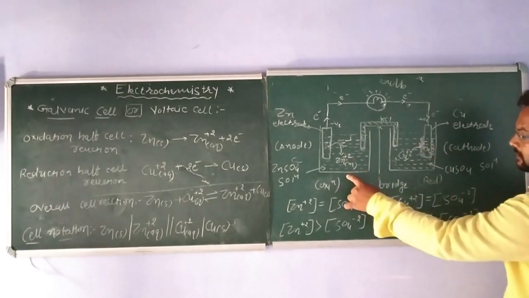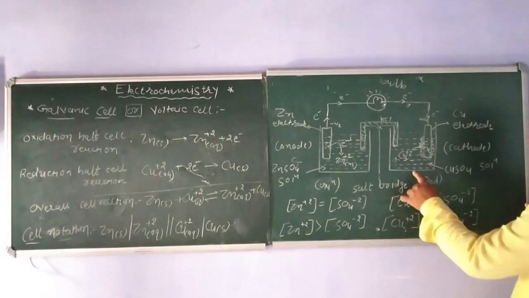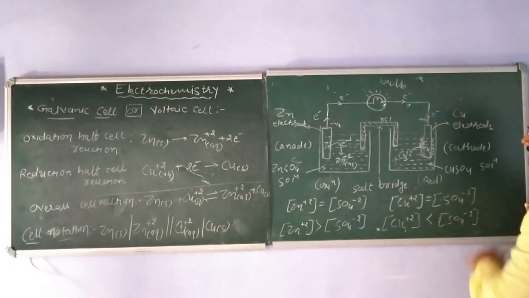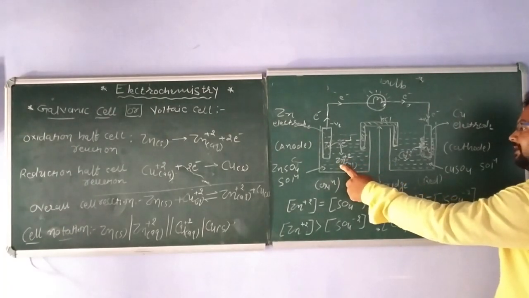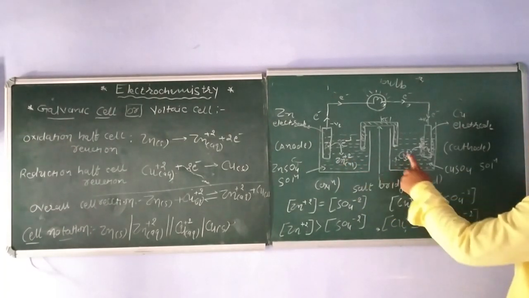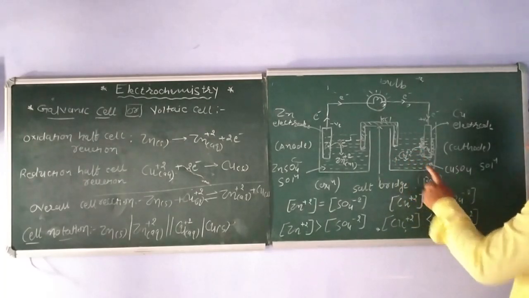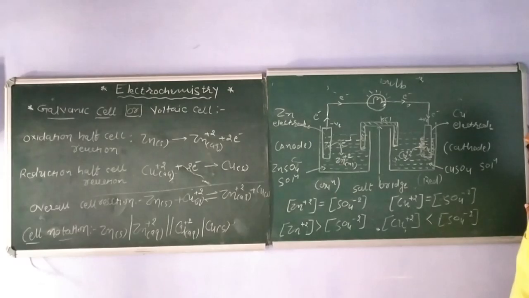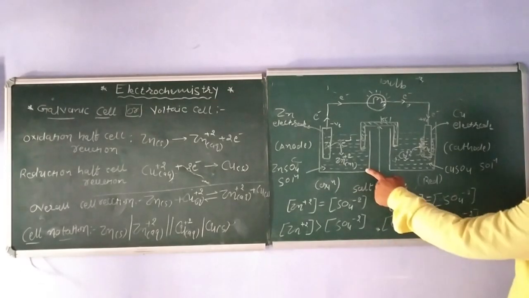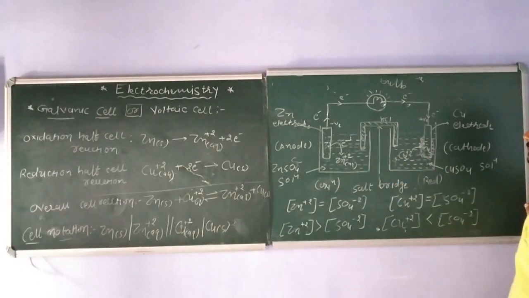So this solution is a positively charged solution and this solution is a negatively charged solution, because the concentration of Zn+2 is greater than SO4 minus 2, and in this case the concentration of SO4 minus 2 is greater than Cu+2. So after some time this reaction stops.